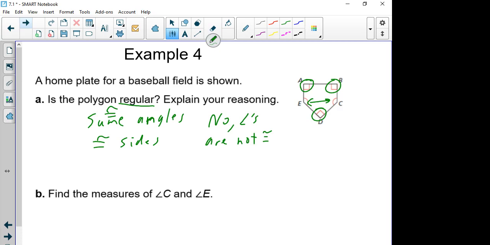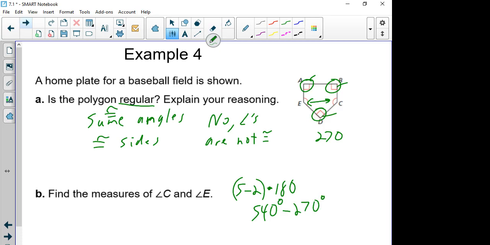Now, what are the measures of C and E? Well, let's think about it. We have 1, 2, 3 90-degree angles. That's 270 degrees. Now, we have a 1, 2, 3, 4, 5, a pentagon. So 5 minus 2 times 180. That's 3 times 180, which is 540. There's 540 degrees in a pentagon. We used 270 at the 3 right angles.